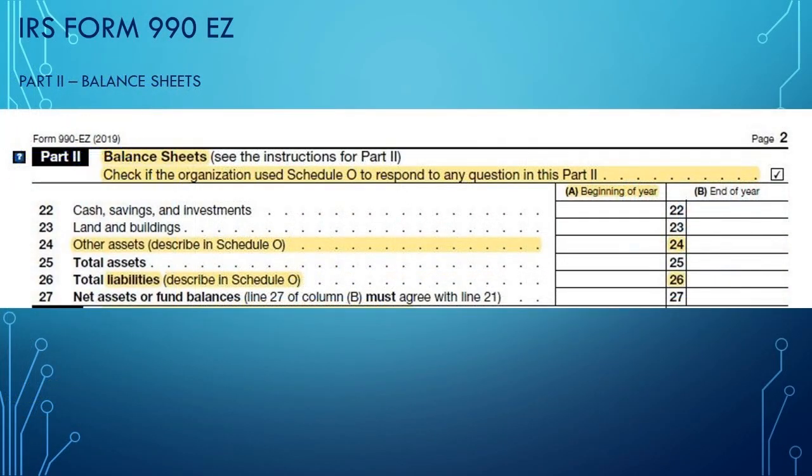Here at the beginning of the year and then at the end of the year, you would list the amount for any cash savings or investment that you have. Then you would list the value of the building. Now, if you own a building, you hopefully also have an accountant who will tell you what the amount of depreciation that you would take on the value of the building. Let's say you bought the building for $5 million.